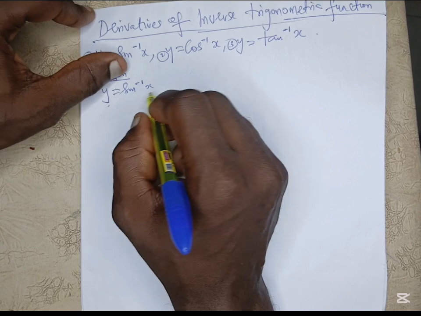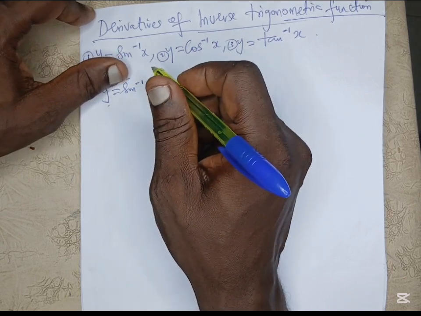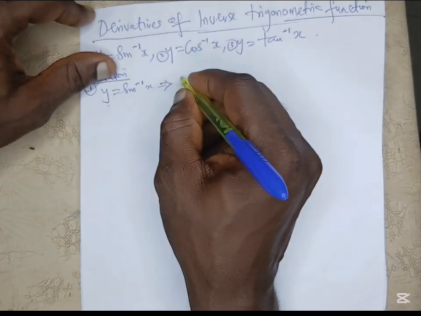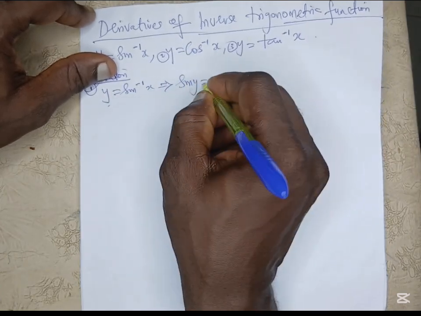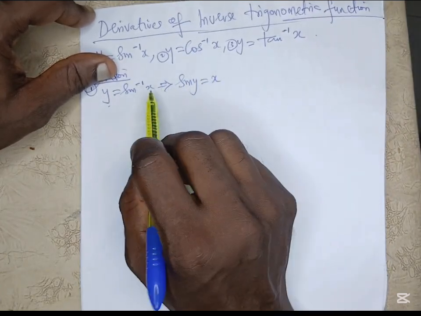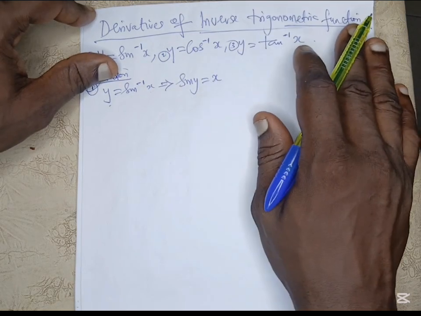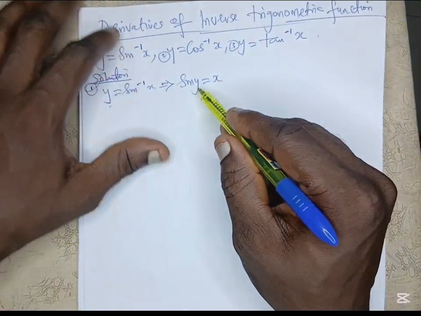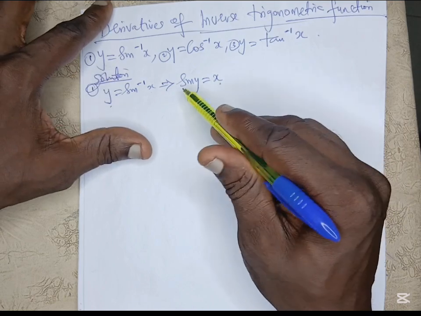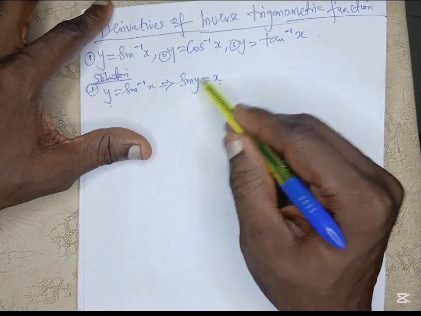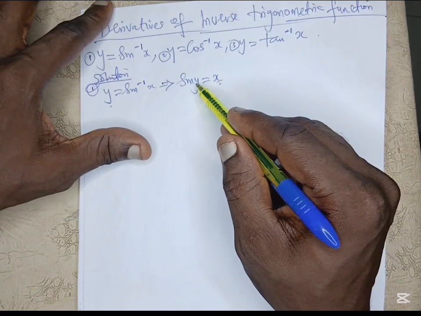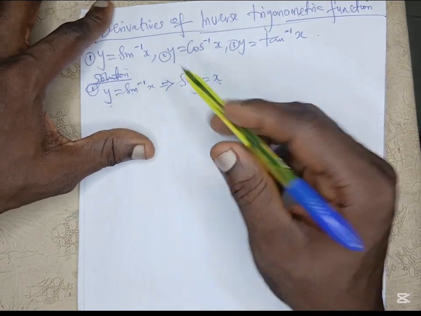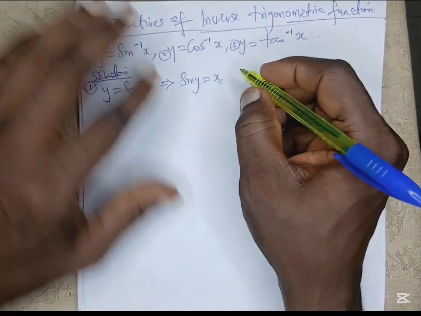First, we cannot differentiate this directly because it's not possible. So you rearrange it. This implies that sine y is equal to x. For example, sine 30 is 0.5. So if y is 30, x is 0.5. So sine inverse of 0.5 will give us back 30. So that is how I explain that.